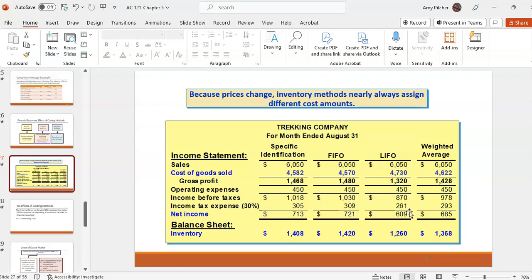Then you can see the cost of our inventory on our balance sheet is different for each method. This is why when we're doing financial statement analysis of a company, you need to read their financial statements and see what inventory method they're using so you can understand the information behind their numbers. Because if they're using LIFO and you're trying to compare them with a company using FIFO, you're going to see that their costs are going to be different.